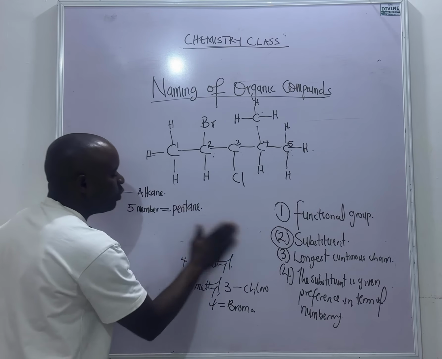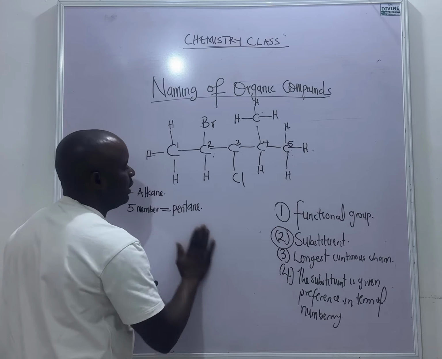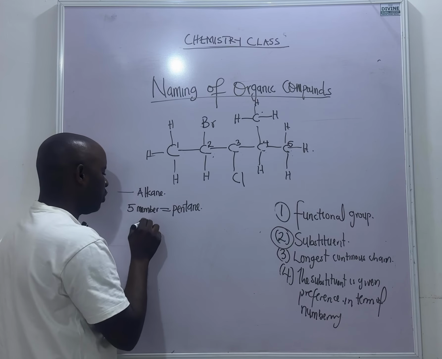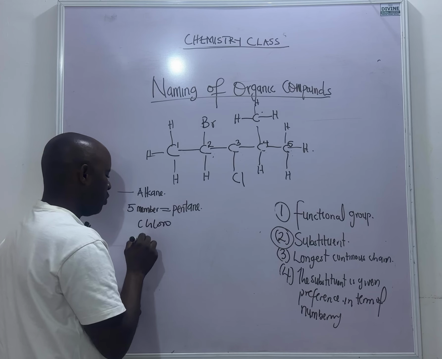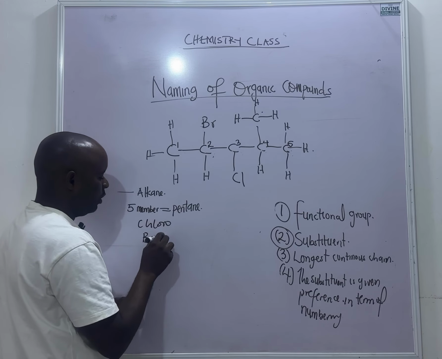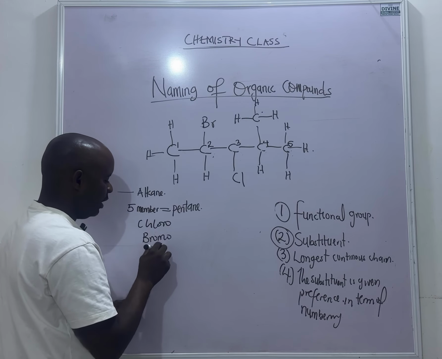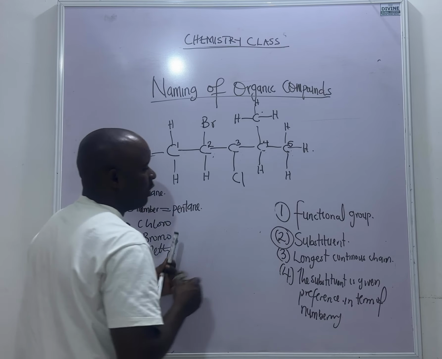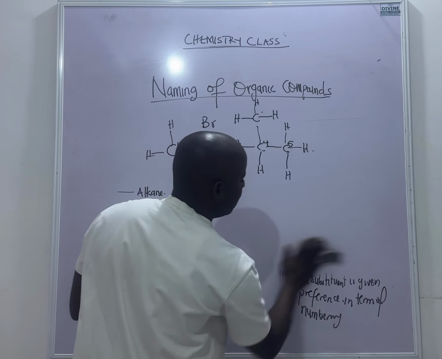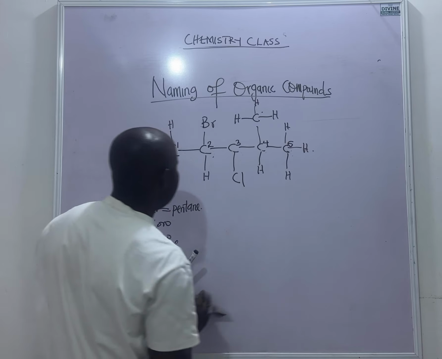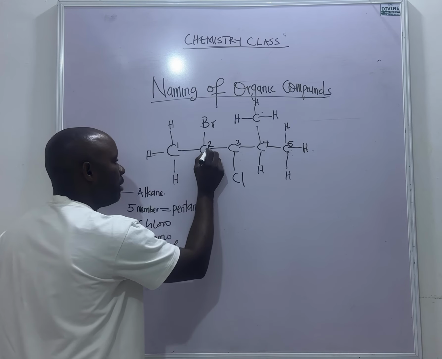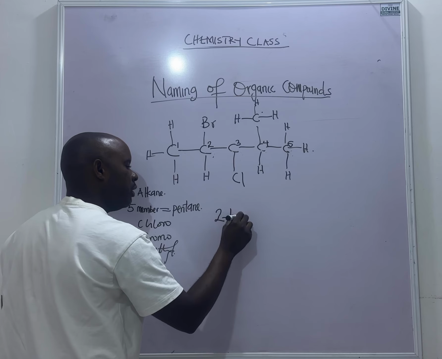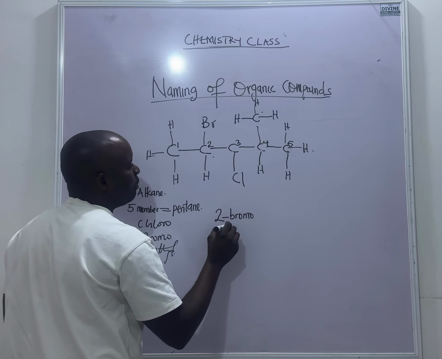Here we're going to name it alphabetically. We have how many substituents? We have chloro, bromo, and a methyl group. So now we can name this organic compound easily. At carbon 2, we have bromo.